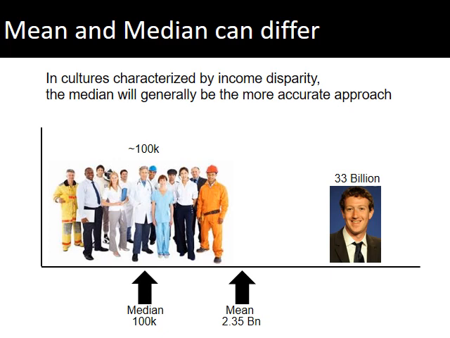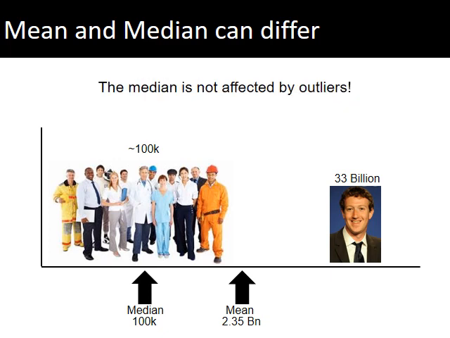So if you're ever pursuing some news regarding incomes in a given country, consider whether that country is one in which there exists a great deal of income disparity, and take note of whether they're giving you the mean or the median. If they're giving you the mean, it may quite misrepresent the average salary or average income. And the median is not affected by outliers.